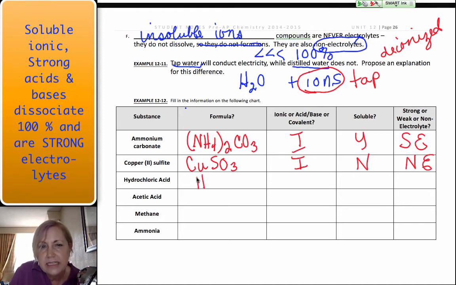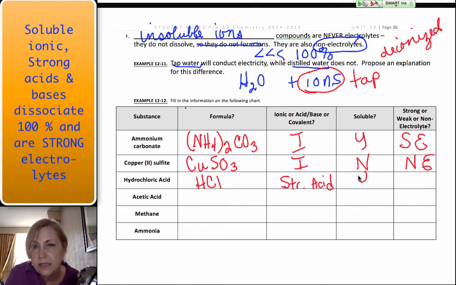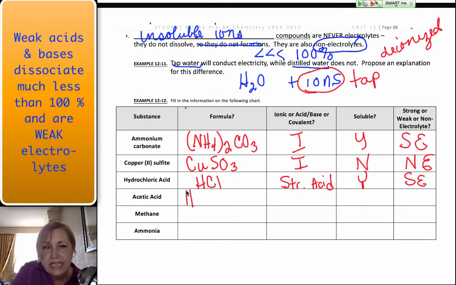Hydrochloric acid, hydro- came from -ide, so that's HCl. It's a strong acid. It is soluble. Acids by definition are in water, and it's a strong electrolyte. Acetic acid, HC2H3O2, is an acid, but it's a weak acid.